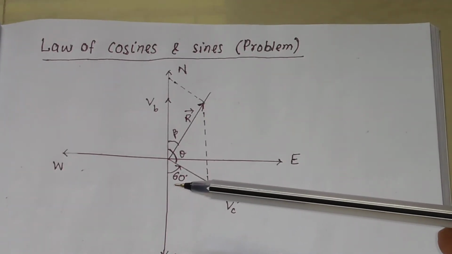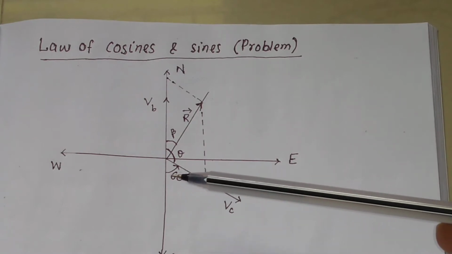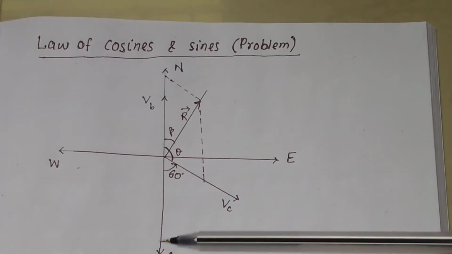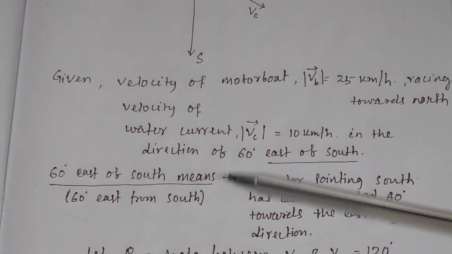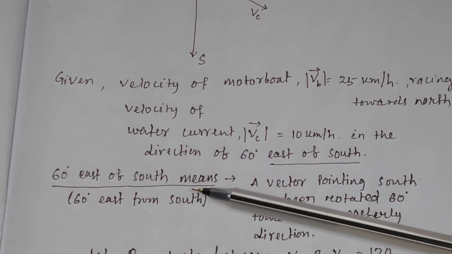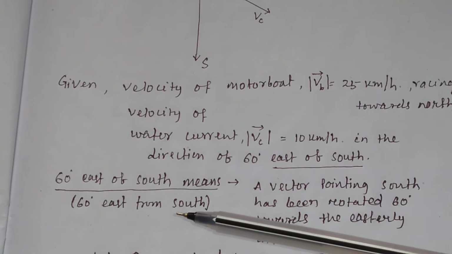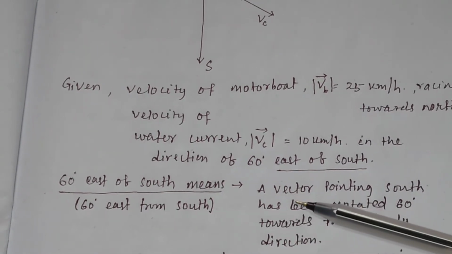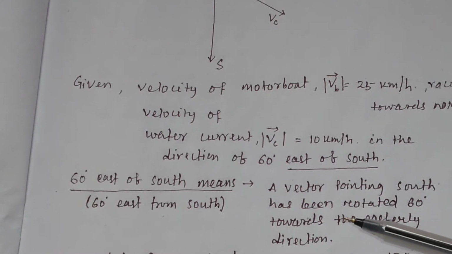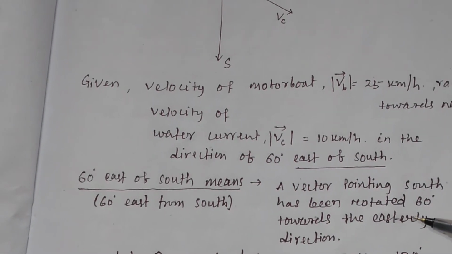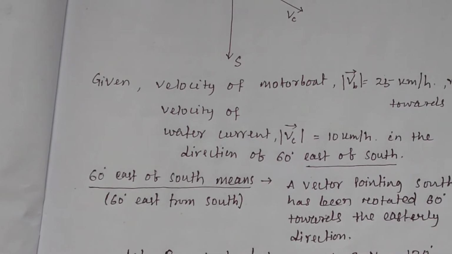60 degree east of south means 60 degree from the south direction. You should remember that 60 degree east of south means 60 degree east from south. That is, a vector pointing south has been rotated 60 degree towards the easterly direction.